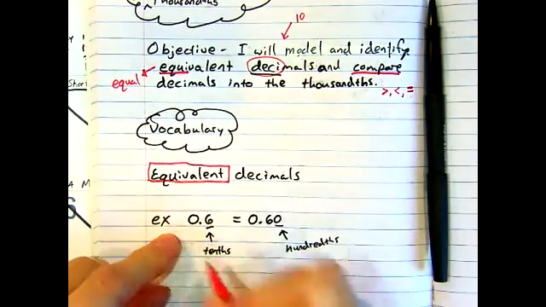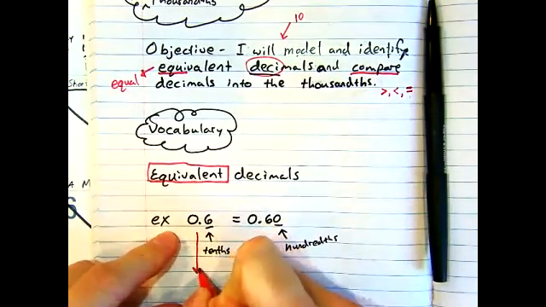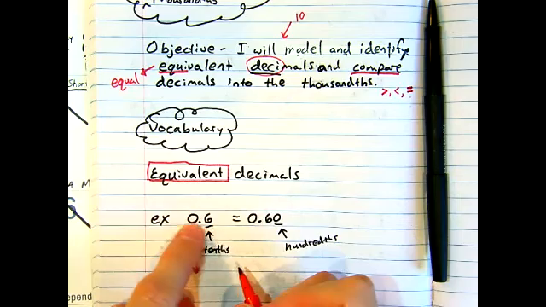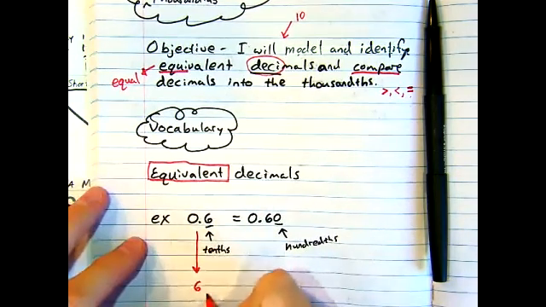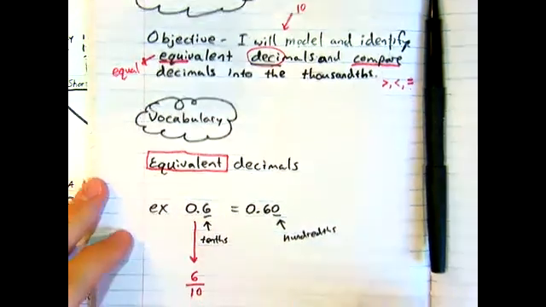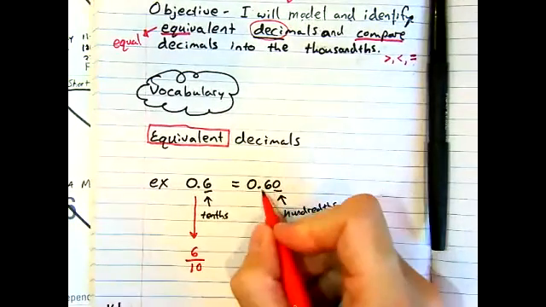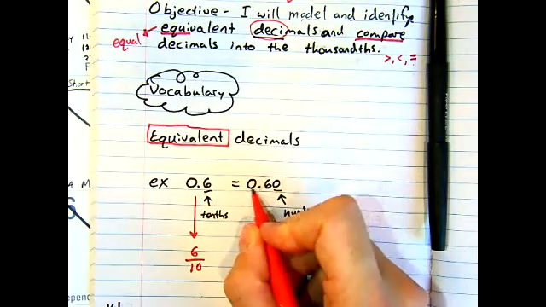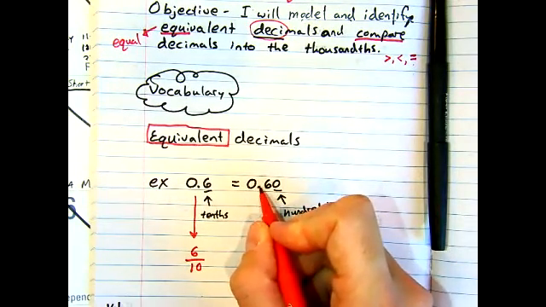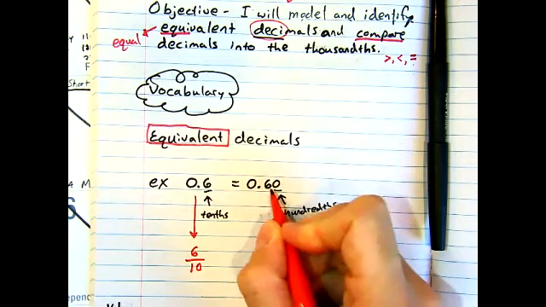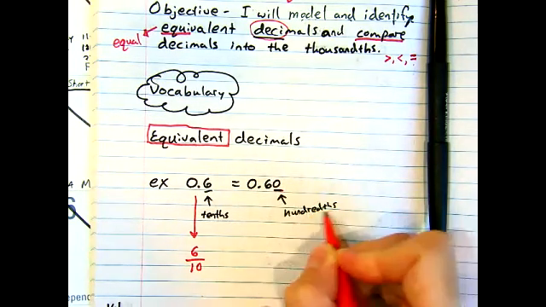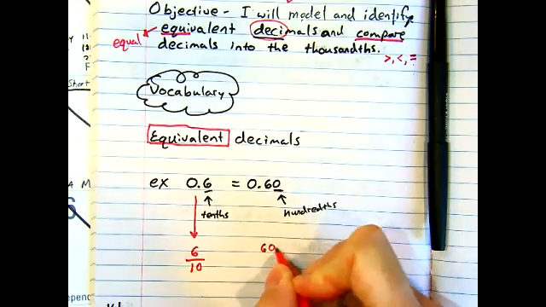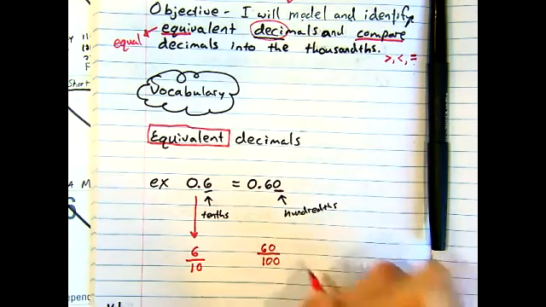Now I'm going to show you why. Let's convert this to a fraction. We can do that just by saying it out loud. 0 and 6 what? Tenths. So that turns into 6/10. Let's say this number, 0 and 60. 60 what? The 0 is in the hundredths. 60 over 100.